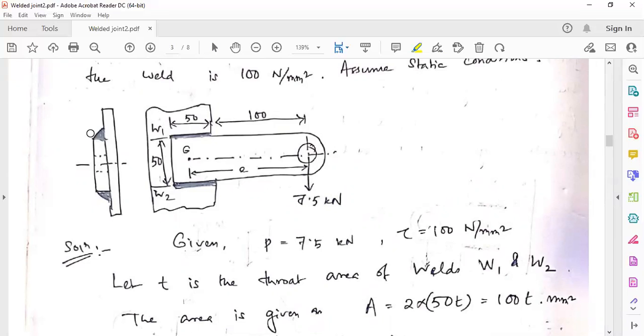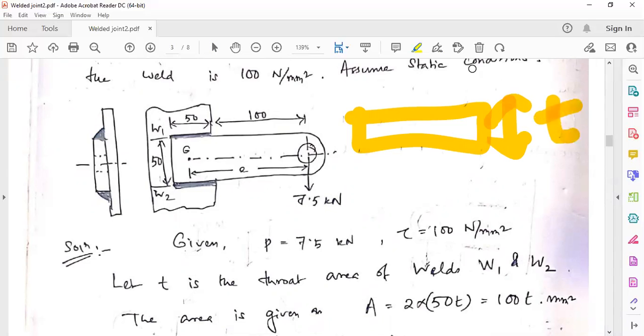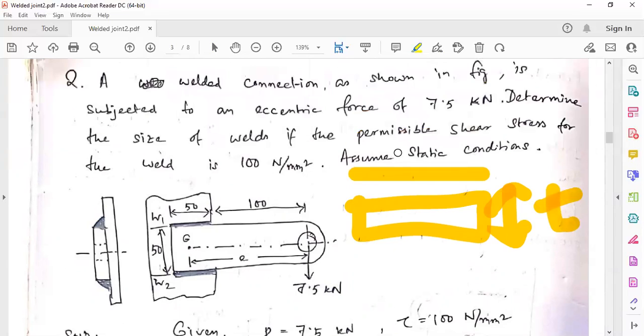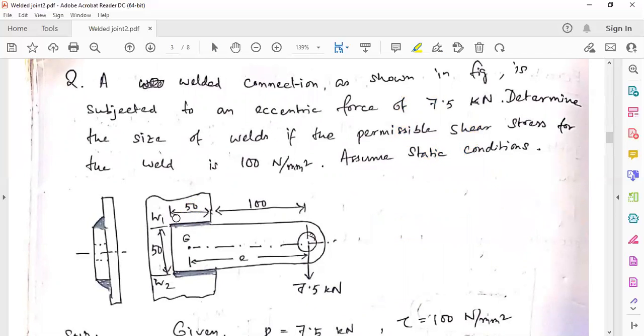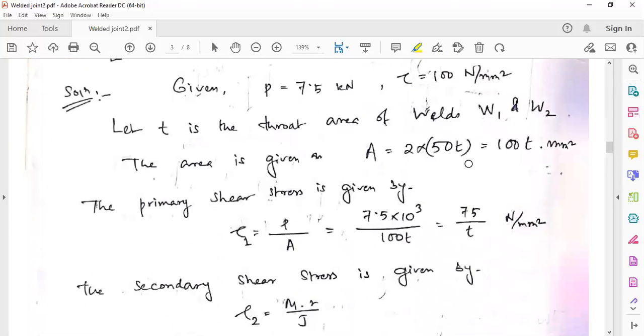If you project this slanted inclined part, it will look like a rectangle like this. So from this to this is t, and from here to here is 50, given in the question. So 50 into t is the area of this part. Similarly, this side also we have that. So 2 into 50 into t, that is 100t, that is the area.